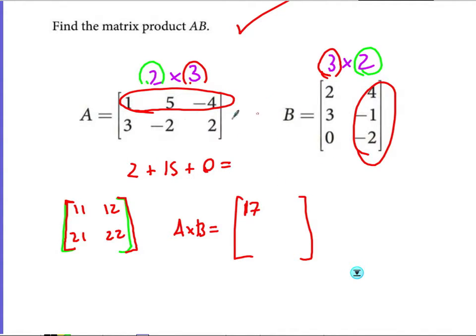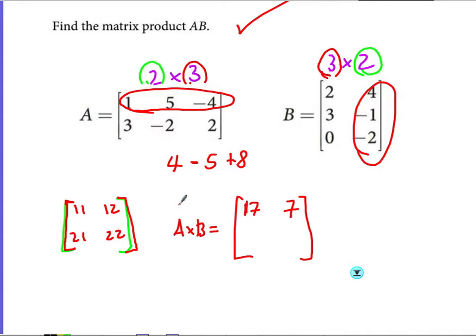So now these are the ones that I'm going to multiply together. Just as we did here, I'm going to take 1 times 4, 5 times -1, which is -5, -4 times -2, which is +8. When I add these together, 4 minus 5 is -1, plus 8, which is 7.